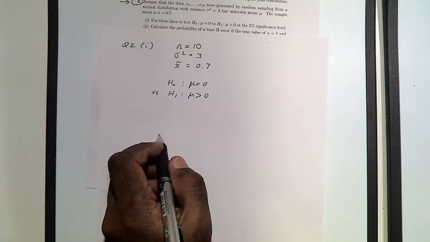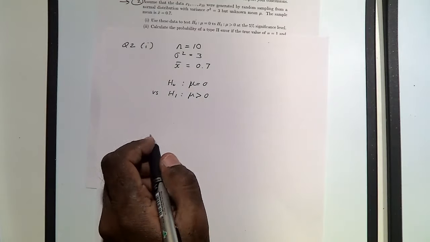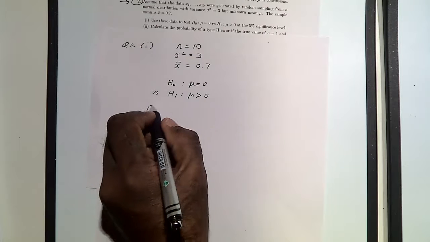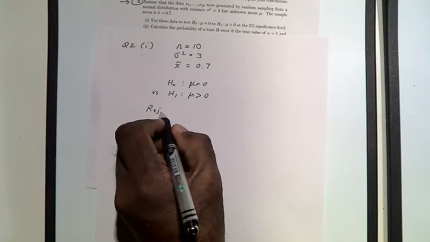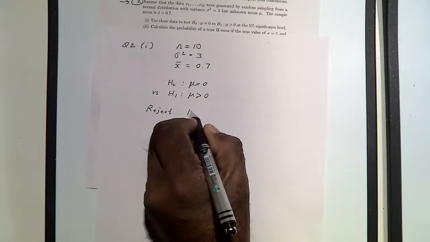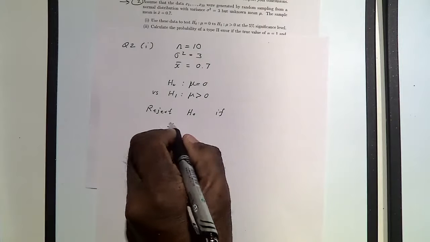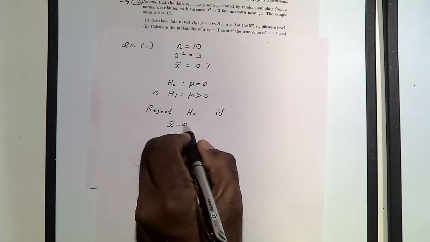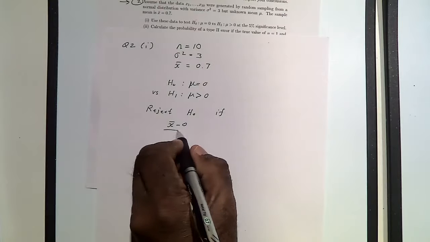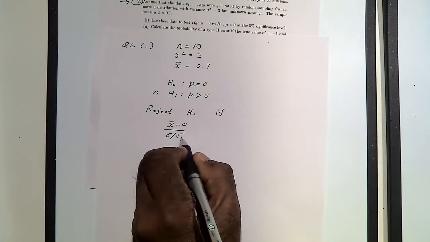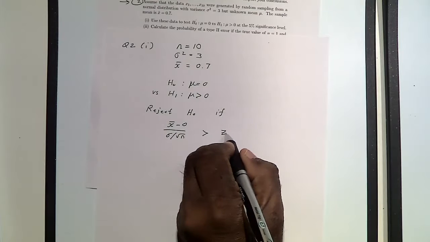If you look at the test that I just showed you, the rejection rule is: you reject H0 in this case if x bar minus mu 0, which is 0 in this case, divided by sigma over root n is greater than z 1 minus alpha.